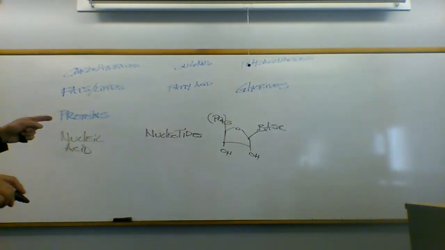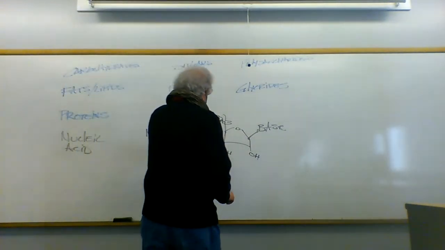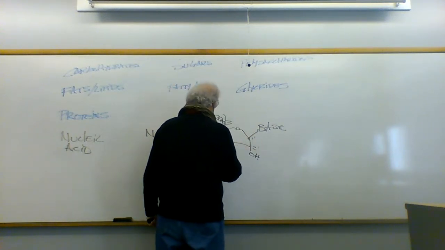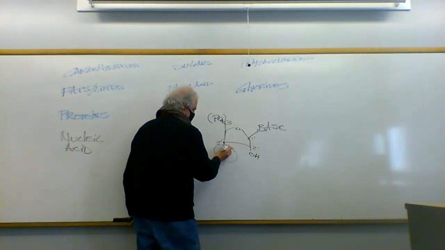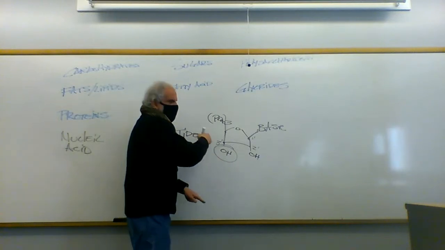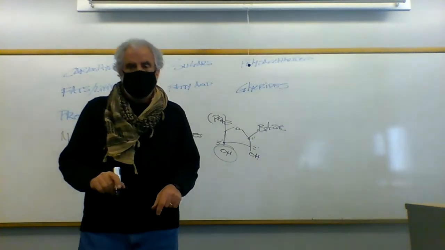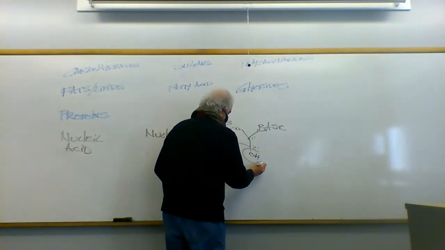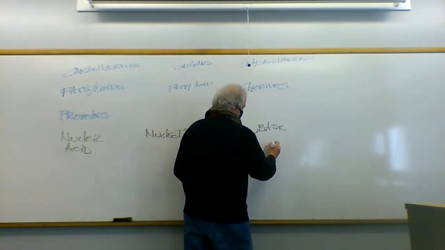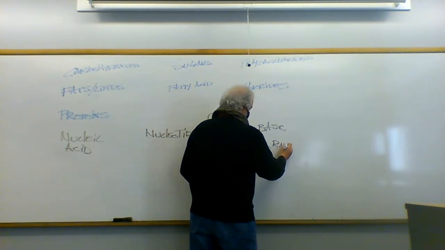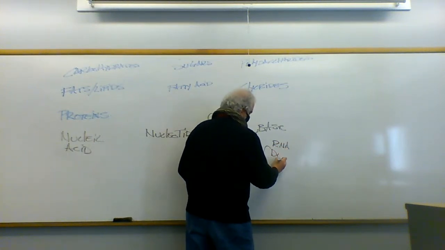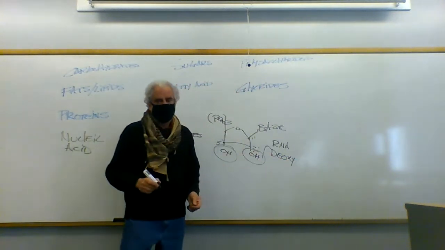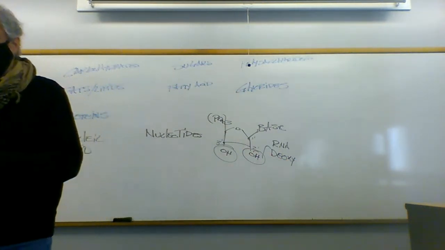We use this hydroxyl, so just 1', 2'. This is the one that we're going to link the next nucleotide to in the phosphodiester backbone. This is the OH group that you use to decide if you are a ribonucleic acid, or if you remove it, you are a deoxyribonucleic acid. So it's whether you're an RNA or DNA molecule.